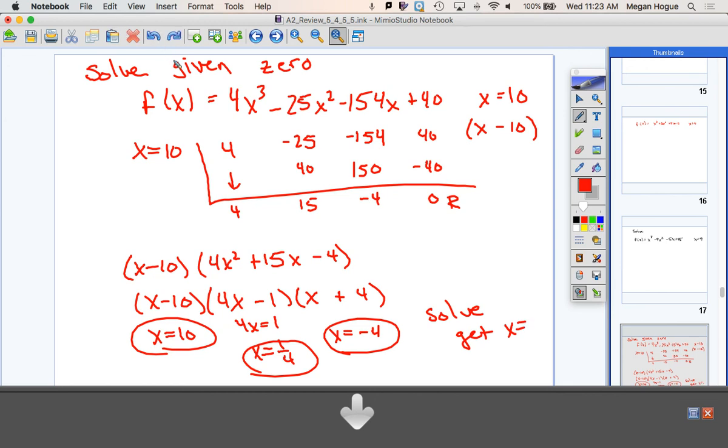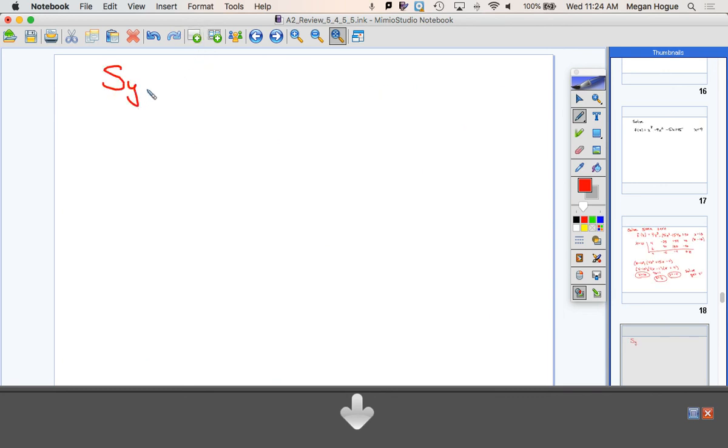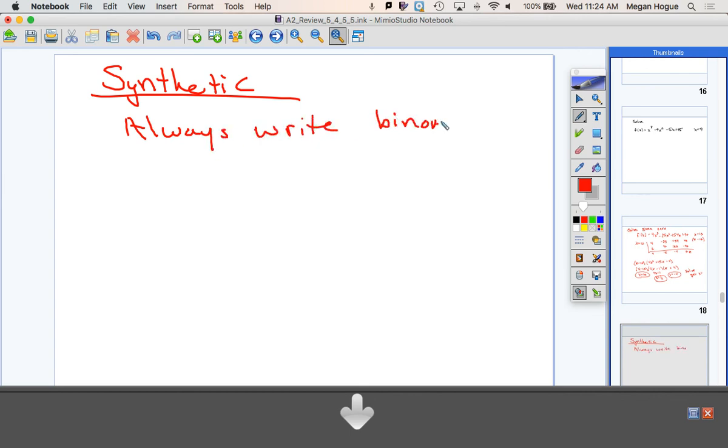All right, I want to just write a couple things down and then I'll give you the worksheet. A couple little tips or directions if it might be helpful to you. So let's put synthetic. Always write the binomial and x equals.